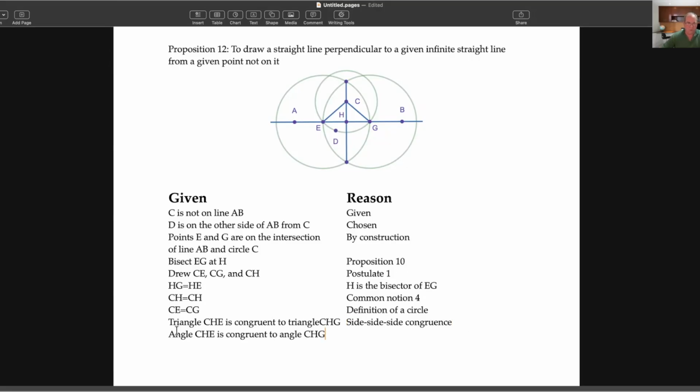Once you have 2 congruent triangles, then corresponding parts of congruent triangles are congruent. Specifically, angle CHE is congruent to angle CHG, corresponding parts. And that is enough to show that CH is perpendicular to AB using definition 10, our definition of perpendicular.